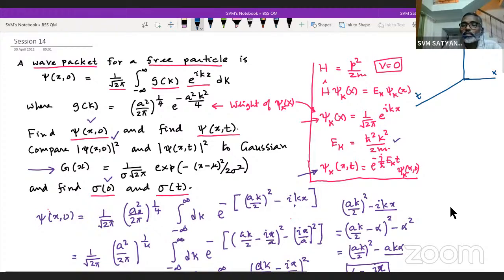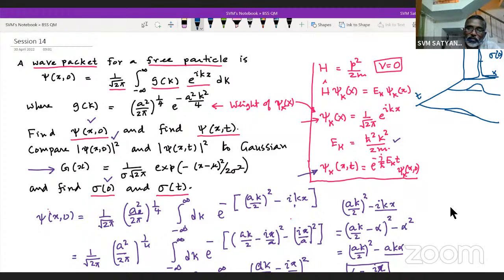So at time t equal to 0, let's say you have a very sharply peaked function like this, a Gaussian. And at a later time, this function will have a spread like this. And at a later time, it will have much more spread like this. So this is your sigma of 0. And this sigma, that is the width of this wave function, will increase as time progresses.